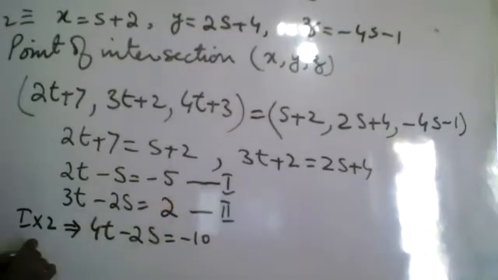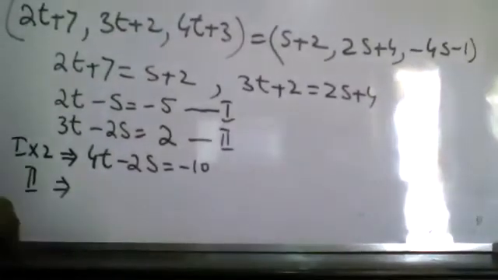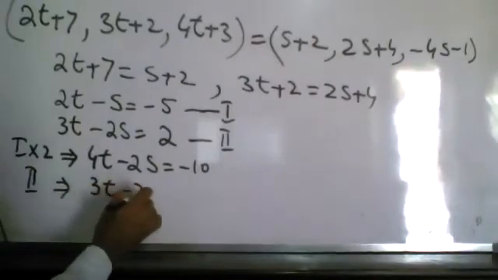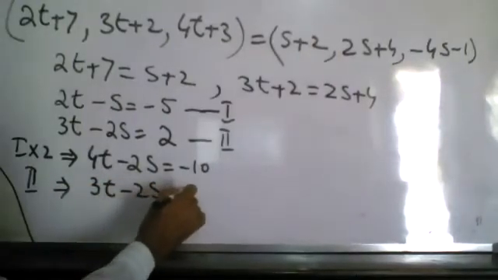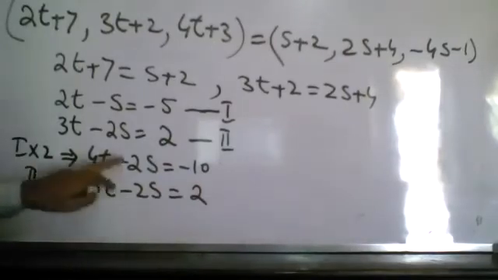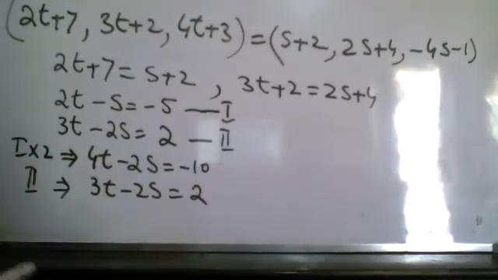And the second equation is written as it is: 3t minus 2s is equal to 2. This is 2s, this is also 2s, both have the same sign, so we will subtract.